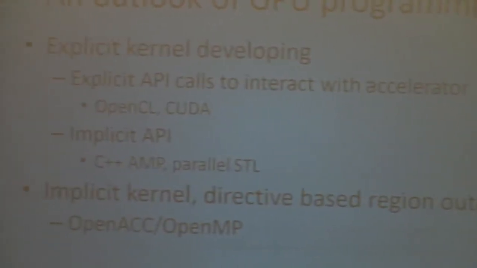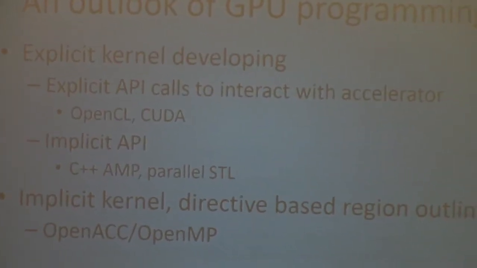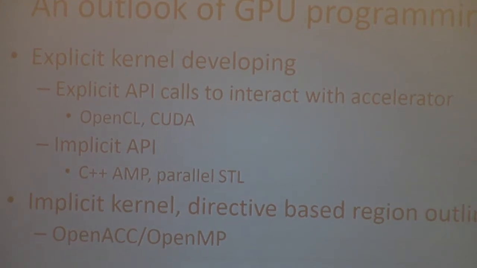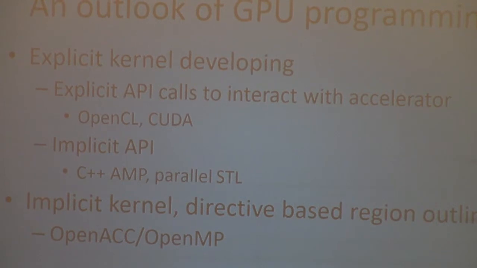Here I try to give an outlook of GPU programming. I split GPU programming into two kinds: you can do explicit kernel developing, or implicit kernel developing. Because either way, eventually you want to run some kind of kernel on the GPU.